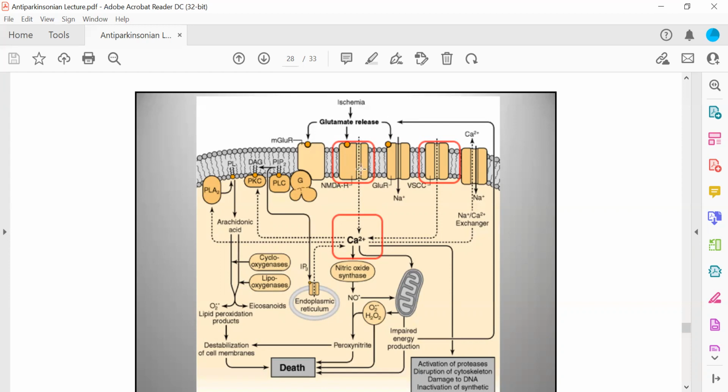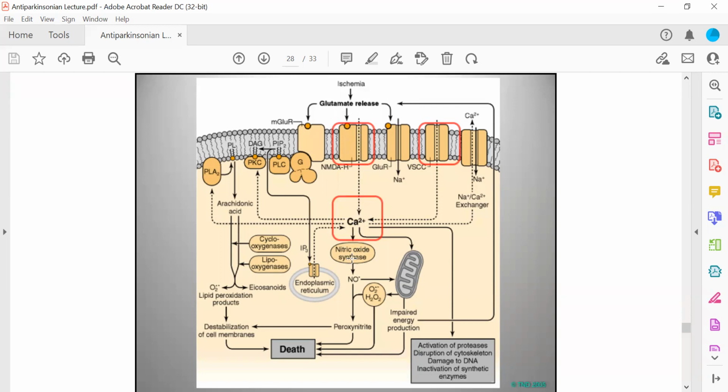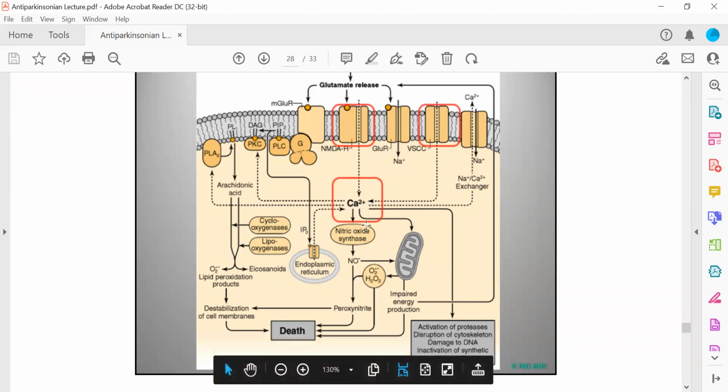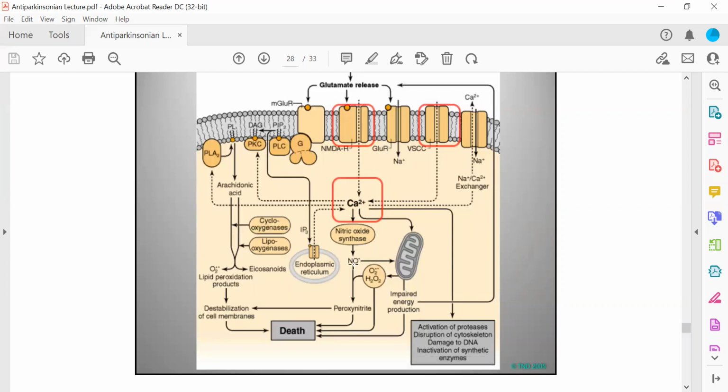Once glutamate binds to it, you open the channel so that there's an excessive flux of calcium. This calcium then accumulates within the cell to very high levels. It activates a number of processes, and the main one is the generation of free radicals.